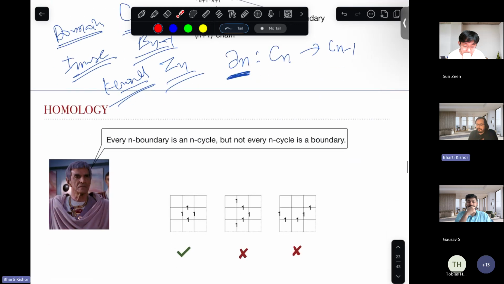But something beautiful happens: every boundary is an n cycle, but not every n cycle is a boundary. For example, I can have non-trivial cycles that are not the boundary of any chain. I can loop around, for example, something like this or something like this.